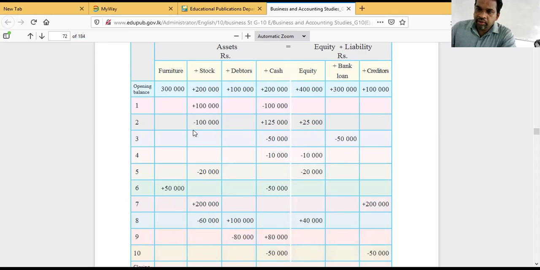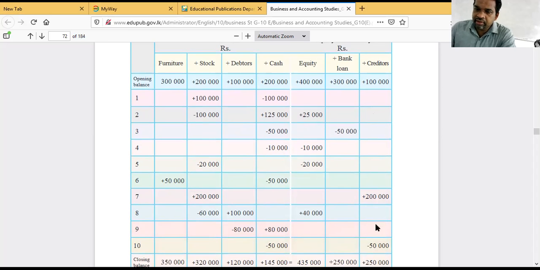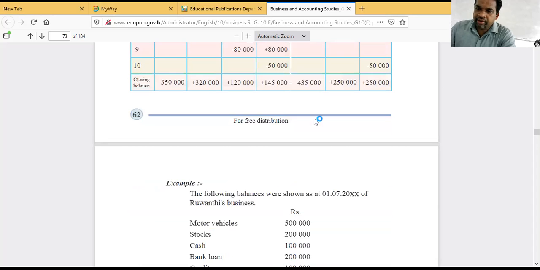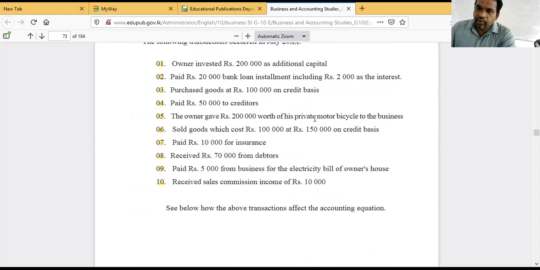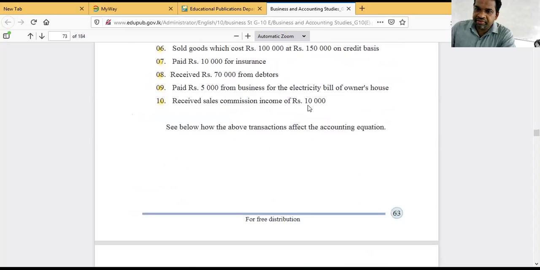Then you should know how to describe the transaction. Depending on the experience you got regarding the account equation, you are in a position to describe each transaction. We can take an example to understand that type of question.